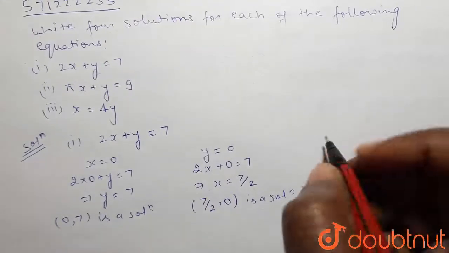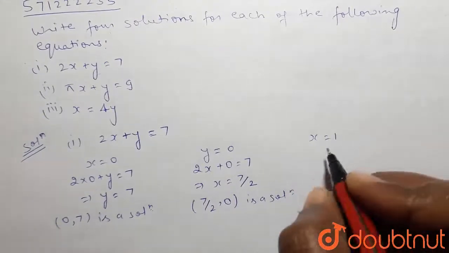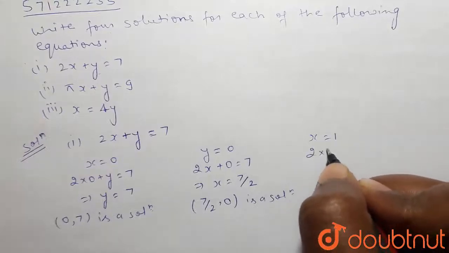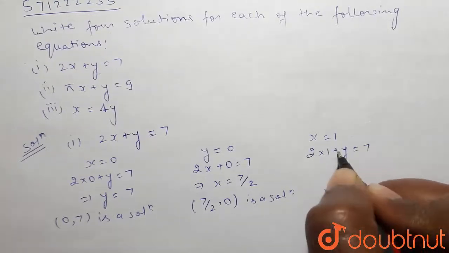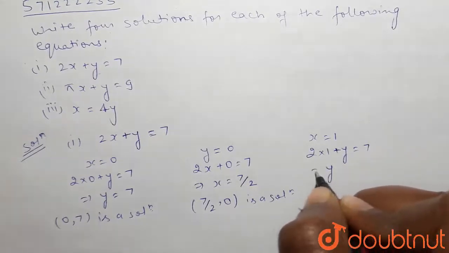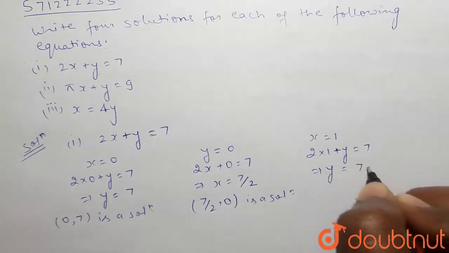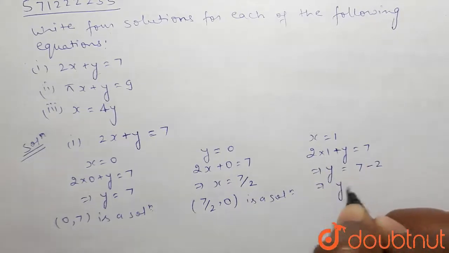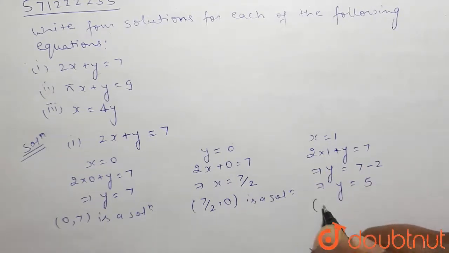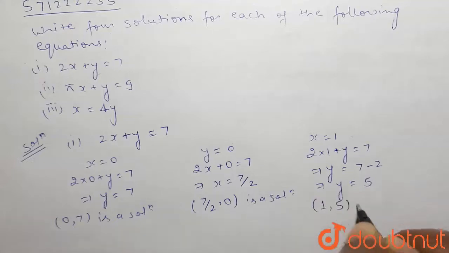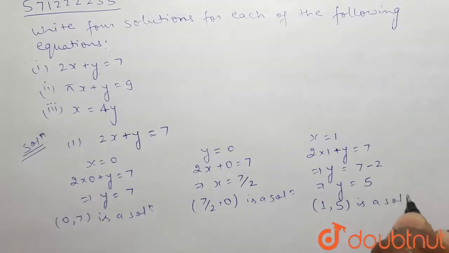Now in the third part, let's put x equals to 1. So the equation will be 2 into 1 plus y equals to 7. Now y will be 7 minus 2, and this gives y equals to 5. So 1 comma 5 is also a solution of the equation.